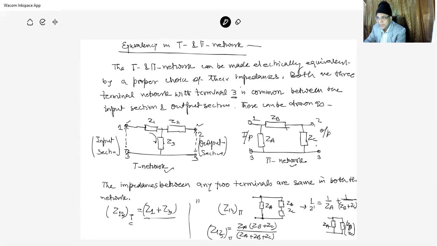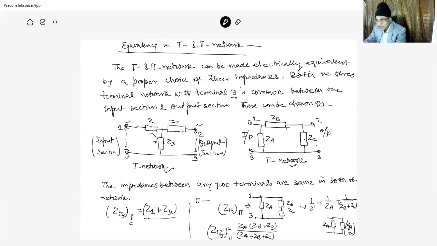Now in the pi network, we find this is 1 and 3. You see ZB and ZC: these two impedances are in series, and the resultant of these two series impedances is in parallel with ZA. This can be drawn as Z13 in pi, with ZA between 1 and 3, and the series combination of ZB and ZC.